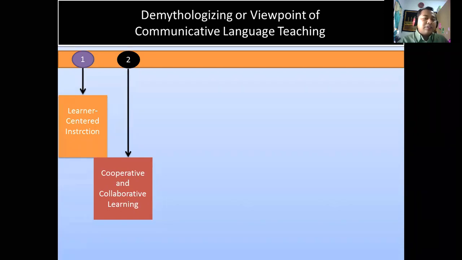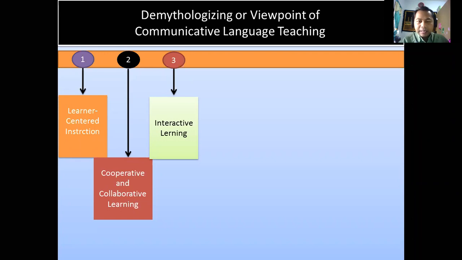Still related to this, learner-centered instruction and cooperative and collaborative learning, another viewpoint of communicative language teaching is interactive learning.